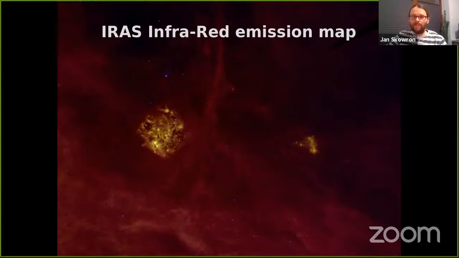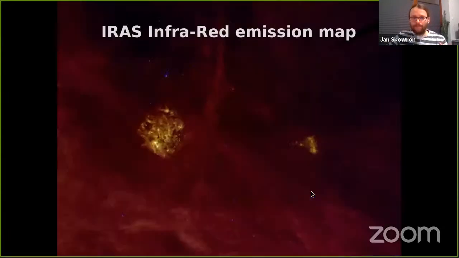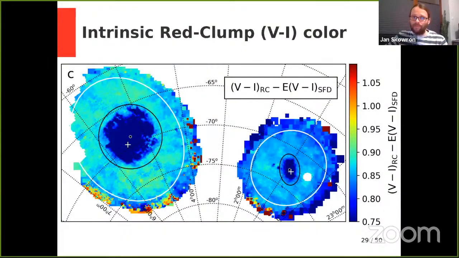However, because we have this huge coverage of the LMC and SMC outside of this problematic region, we can compare the reddening the Schlegel saw with the color we see, and we can calibrate the intrinsic color of the red clump based on this. So this is the difference between our color that we measured and the reddening from the Schlegel map.